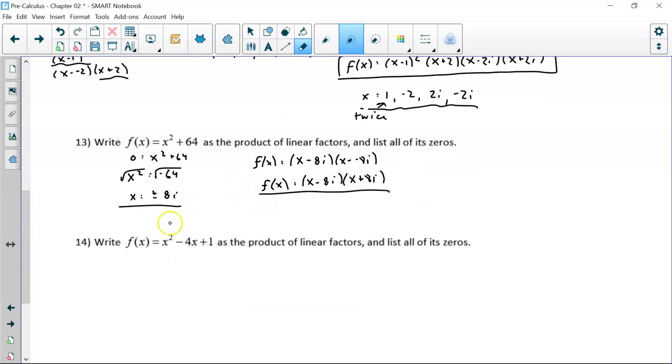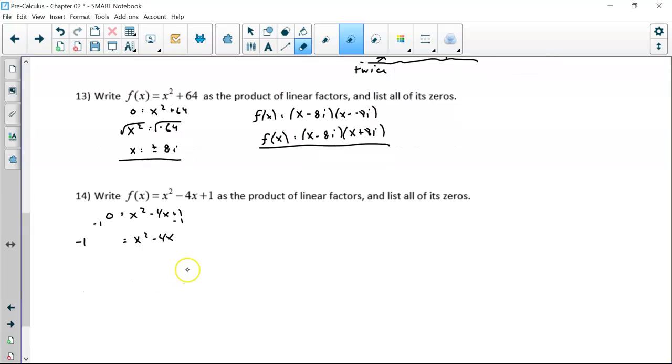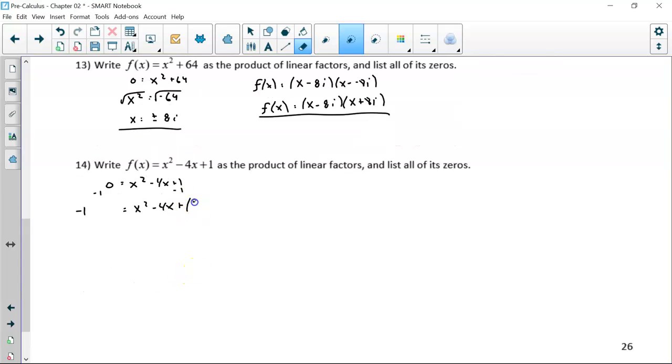Now another one. I can't factor this. And because I see a nice even number for our middle term, I'm going to use completing the square. We could use the quadratic formula. We're going to get the same exact answer. So 0 equals x squared minus 4x plus 1. I'm going to subtract 1 from both sides. Negative 1, leave some space, equals x squared minus 4x. And I'm leaving that space because I'm going to be adding negative 4 divided by 2, squared, to both sides.